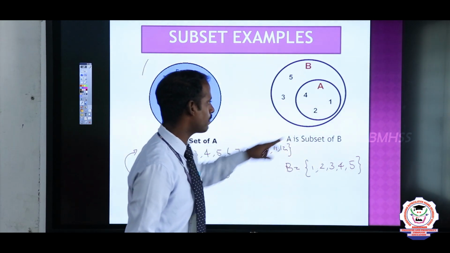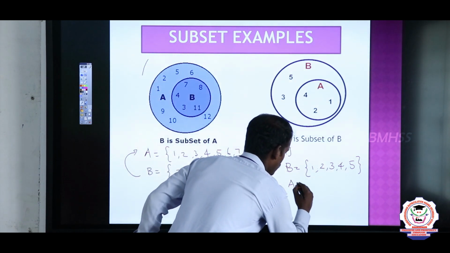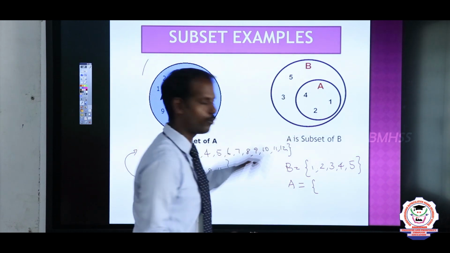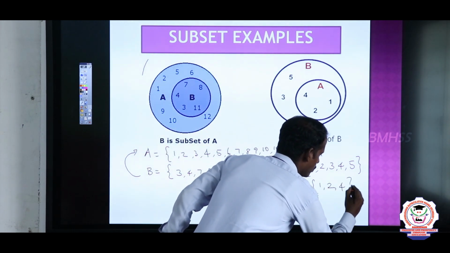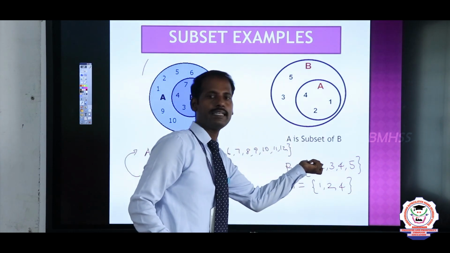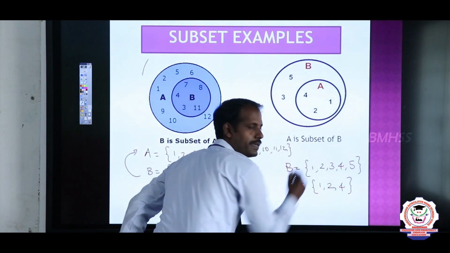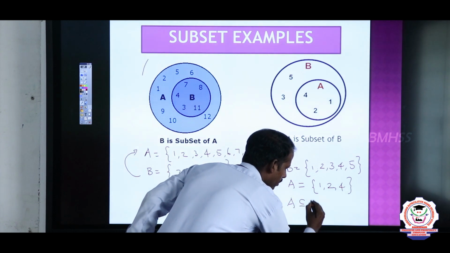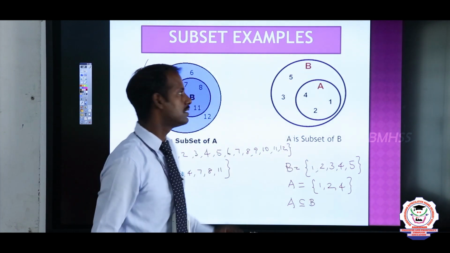Here set A is {1, 2, 4}. How many elements? 3 elements. So the 3 elements of A belong to set B. Therefore A is a subset of B. This is another example.